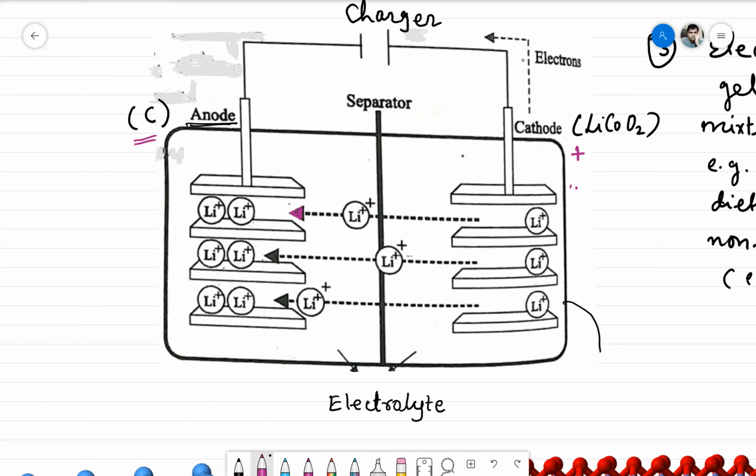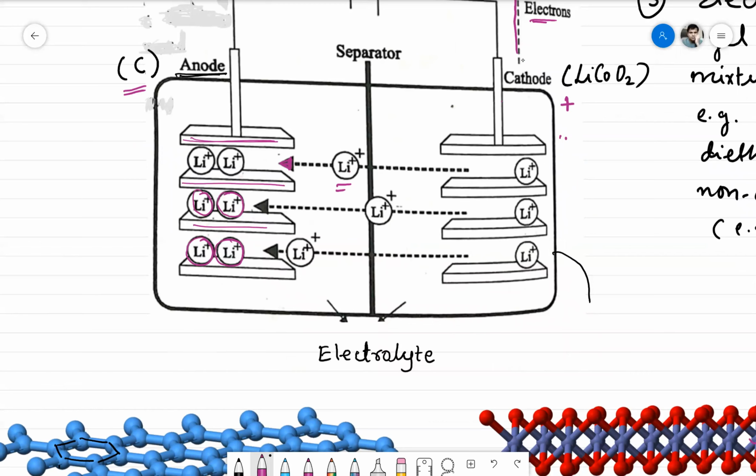Electrons also flow from the cathode to the anode, and these lithium ions and electrons combine at the graphite in between the graphite layers. You can see here lithium ions are intercalated between the graphite layers. So how can we write these reactions during charging? I'm going to show you.